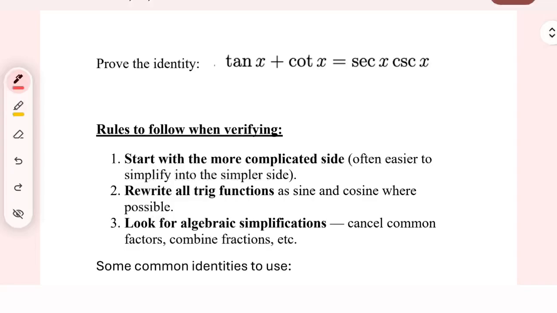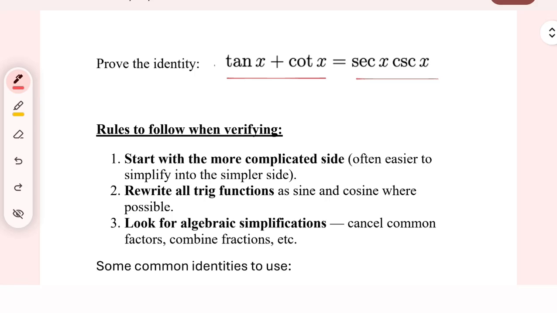So in this video, we have the identity tangent x plus cotangent x is equal to secant x times cosecant x. We have already presented these rules in our previous videos, so we'll just go through them quickly. The first step is to start with the more complicated side.